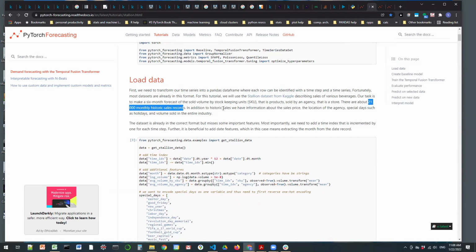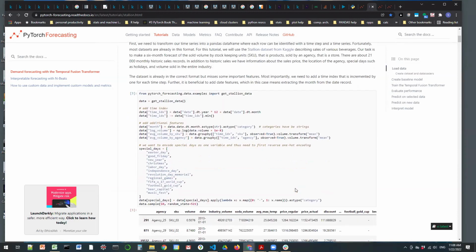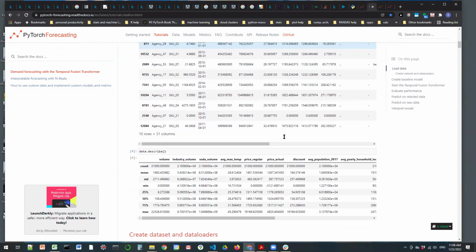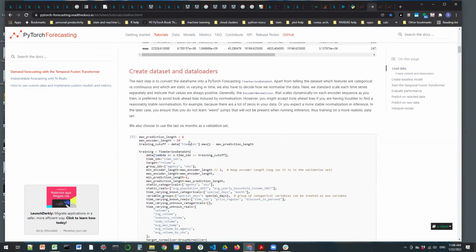But even that, he says, is small for the data. The 21,000 is for the data, not the model's encoding length though, right? Yeah, that's correct. See, he uses a max encoder length of 24 only. And then the max prediction length is 6.